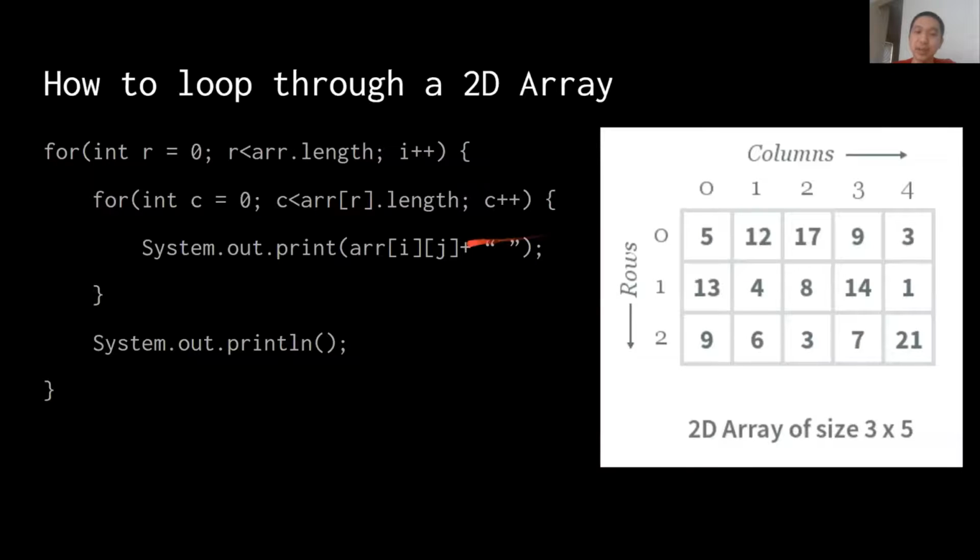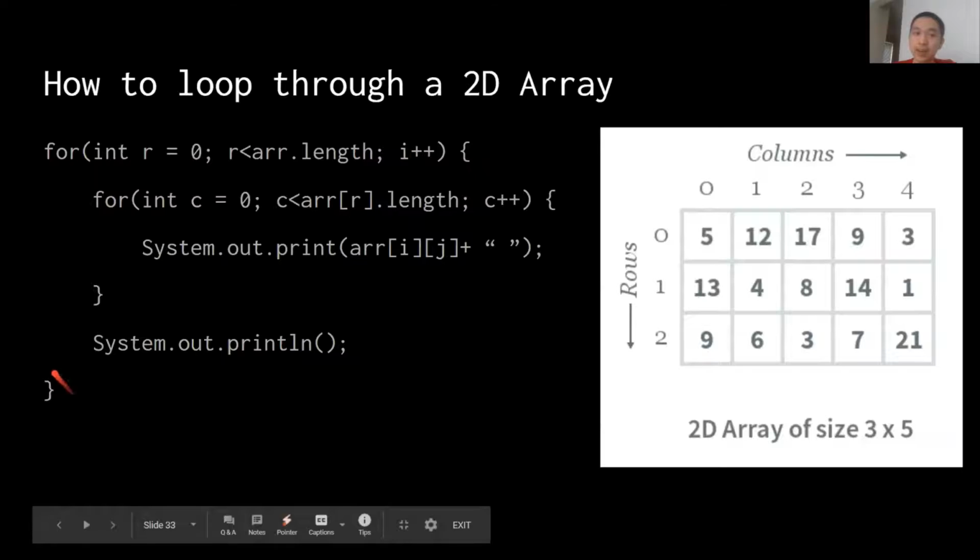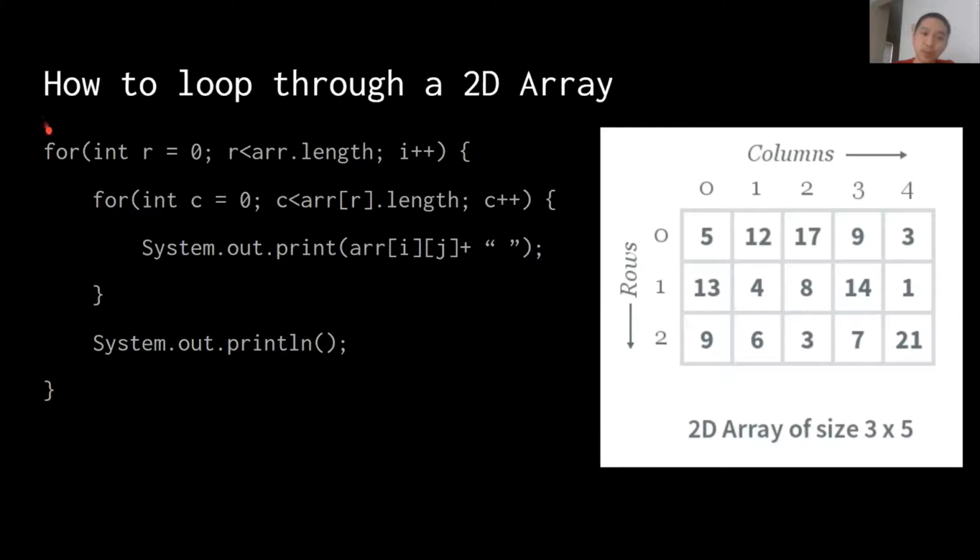Great. So how do we loop through a 2D array? Well, you can use two for loops. The first for loop goes through the rows, and the second for loop goes through the columns. So let me trace this algorithm. It might be easier that way. Here I'm at row 0 and column 0 because they're both starting at 0, 0.